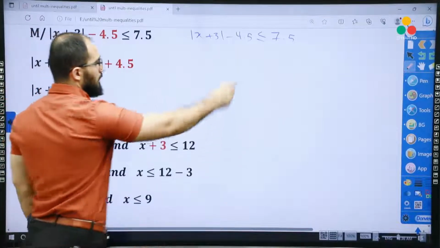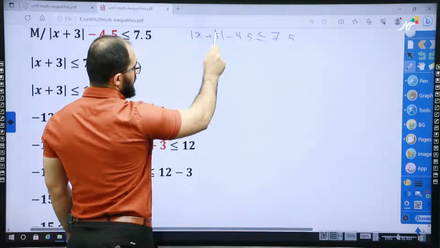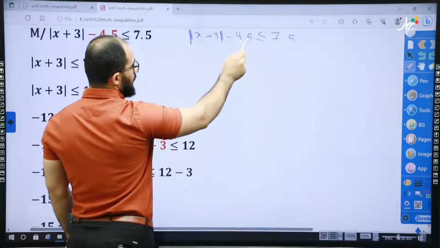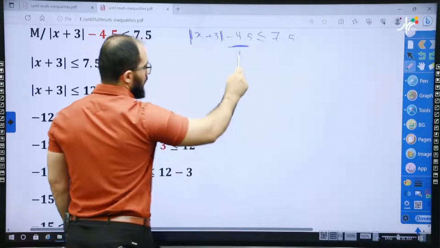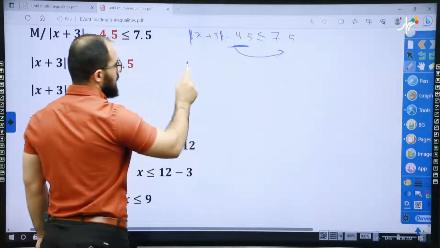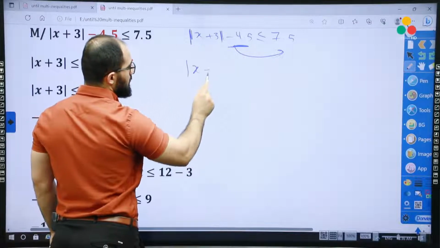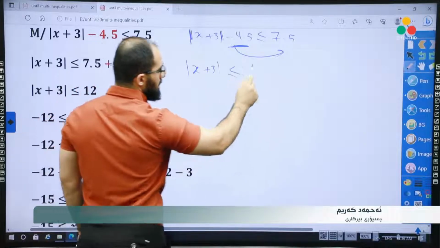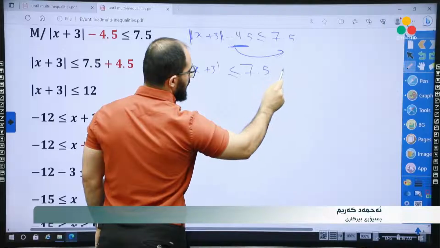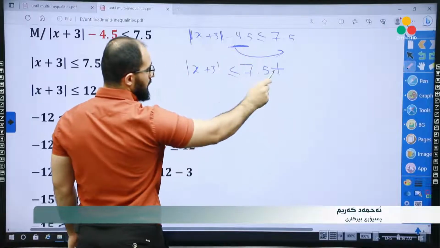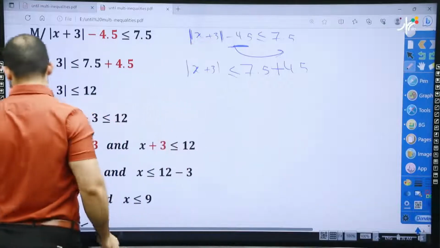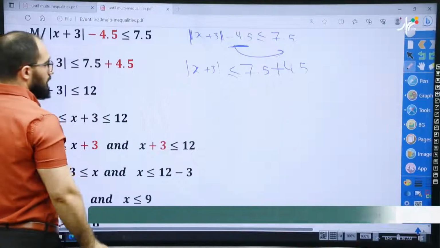So we have x plus 3 in the absolute value. Out of the absolute value, minus 4.5, we move minus 4.5 to the other side. It's going to be x plus 3 less than or equal to 7.5 plus, because it's minus, we write plus 4.5.